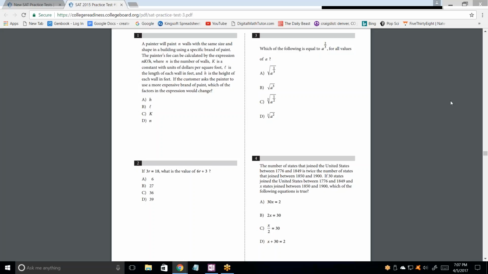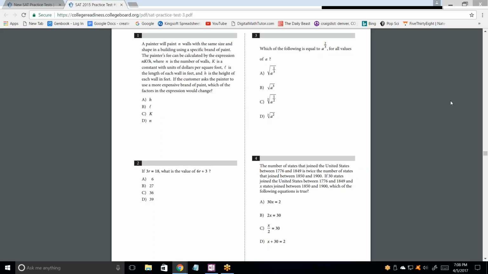Won't it be K? Yeah. Because isn't that what's directly related with the brand? What a strange question. I know, that's what I kind of thought. I guess it's not a hard question because it's got to be one of those 4 letters, N, K, L, or H, and it can't be more than 1.